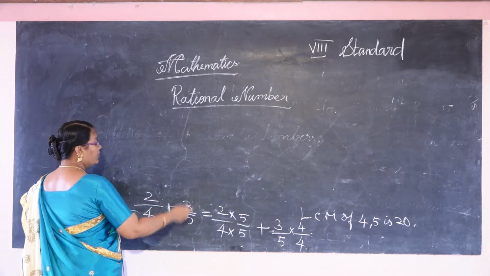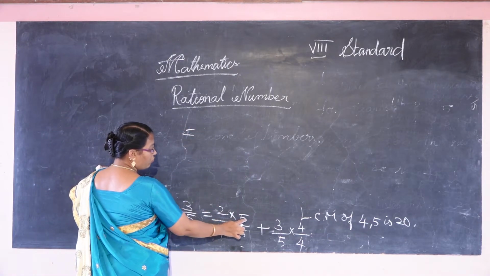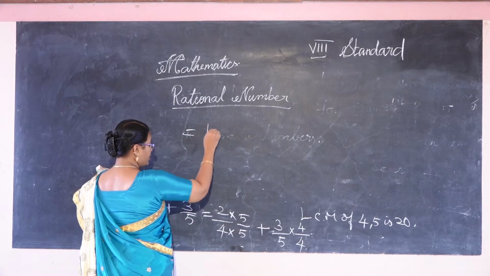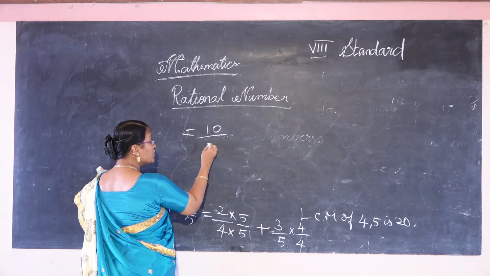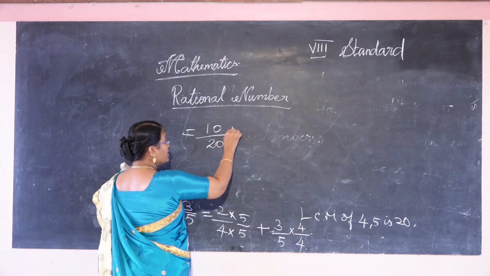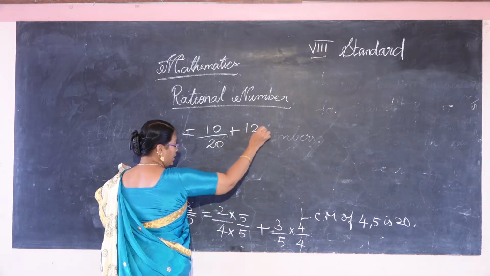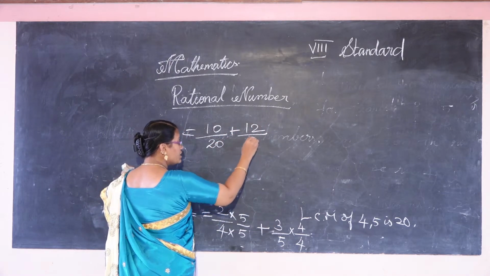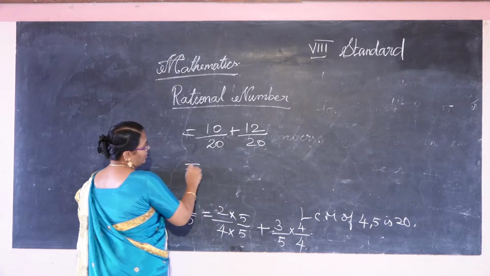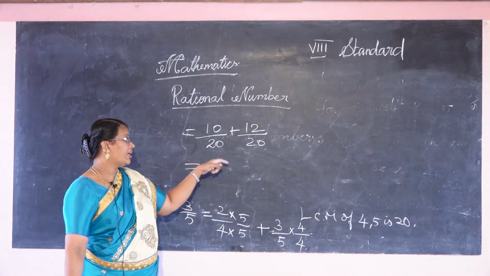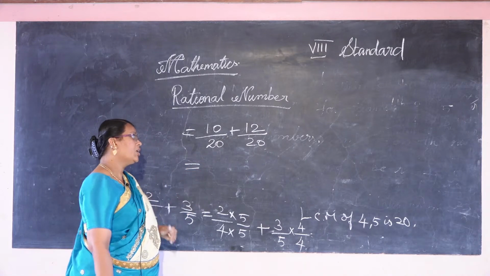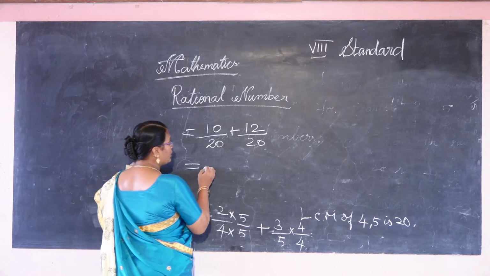And next step, 2 5s are 10, the denominator is 4 5s are 20, plus 3 4s are 12 divided by 5 4s are 20. Now, the two rational numbers have become like fractions. Now, we can easily add these two numbers.